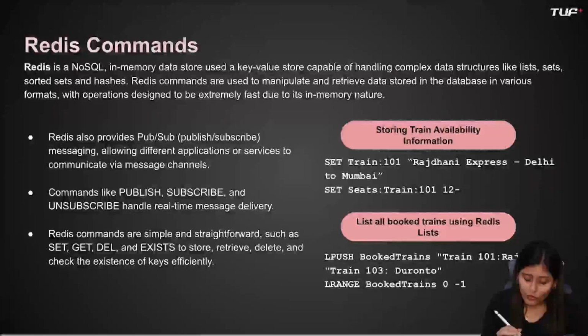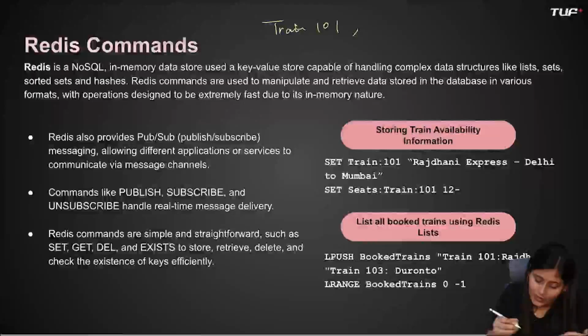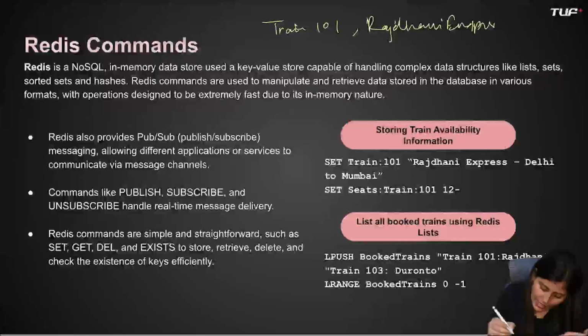Along with that, if you want to add more trains, how many trains do we have as of now? We have train ID 101, then we have Rajdhani Express, and we have set the seats, let's suppose 12.